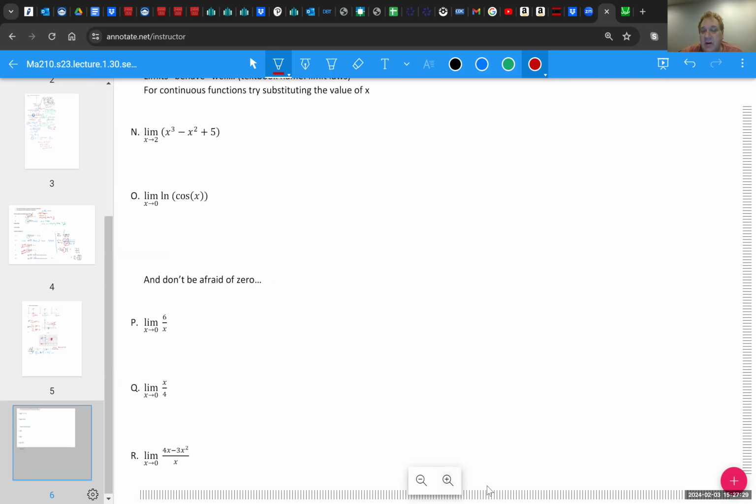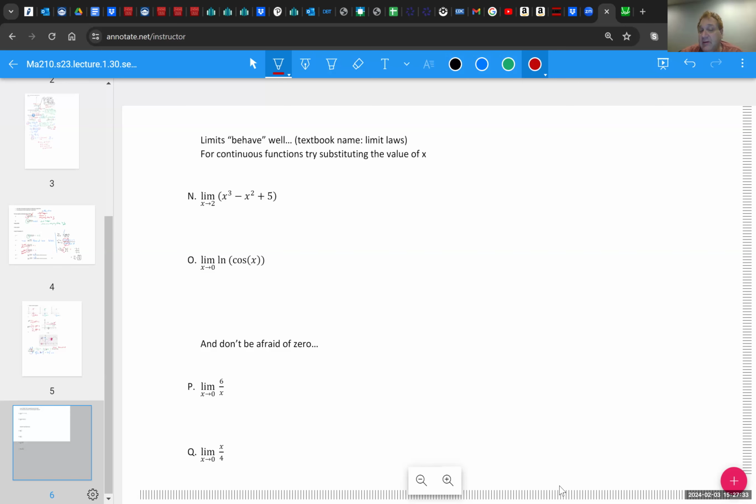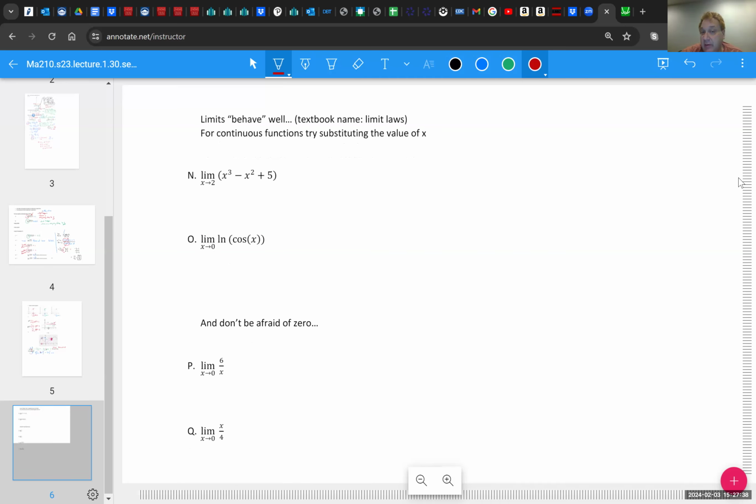You might see in the textbook, or you might hear a person say, that limits are well behaved. In the textbook, they call them the limit laws. Basically, you can do things separately. So if I have the limit of x cubed minus x squared plus 5, I can just compute the limit of each particular part.